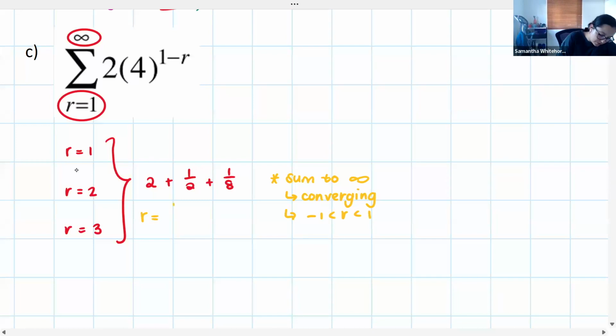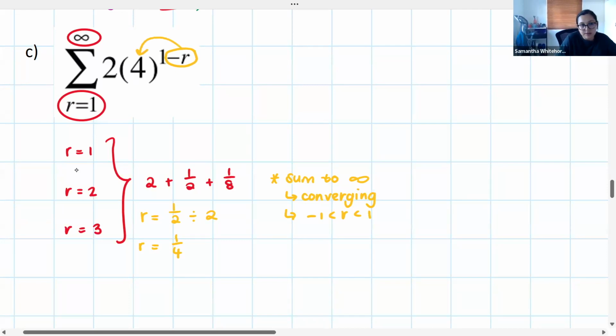R is equal to term 2 divided by term 1. Now a half divided by 2 is a quarter. Now if we go back up here, this negative R, remember negative exponent is actually a fraction. 4 to the power negative R is actually a quarter to the power R. So we do actually have the correct R value, and it was given to us here initially.